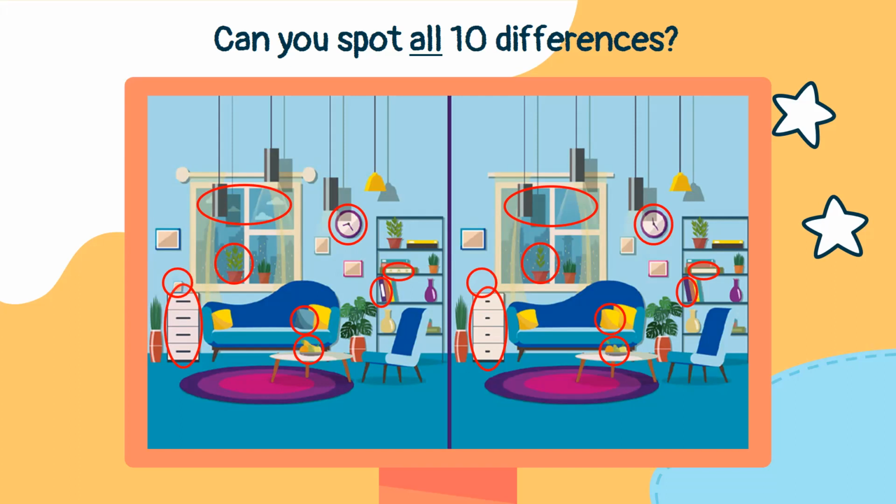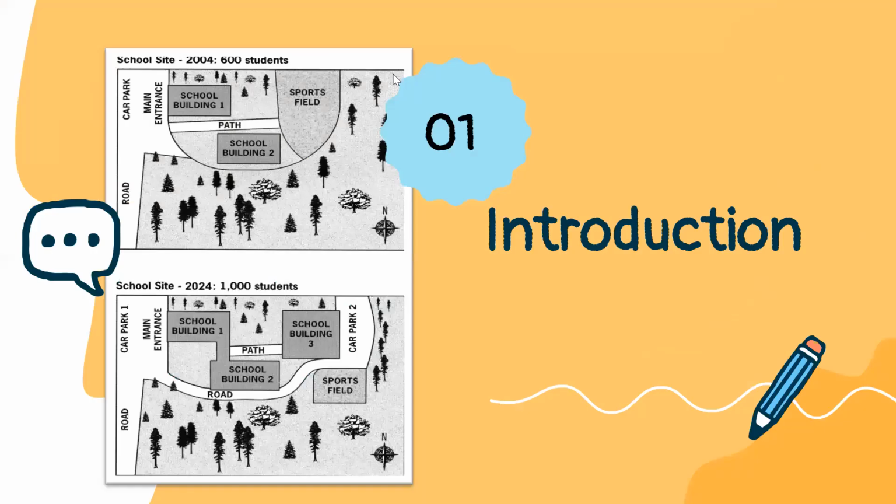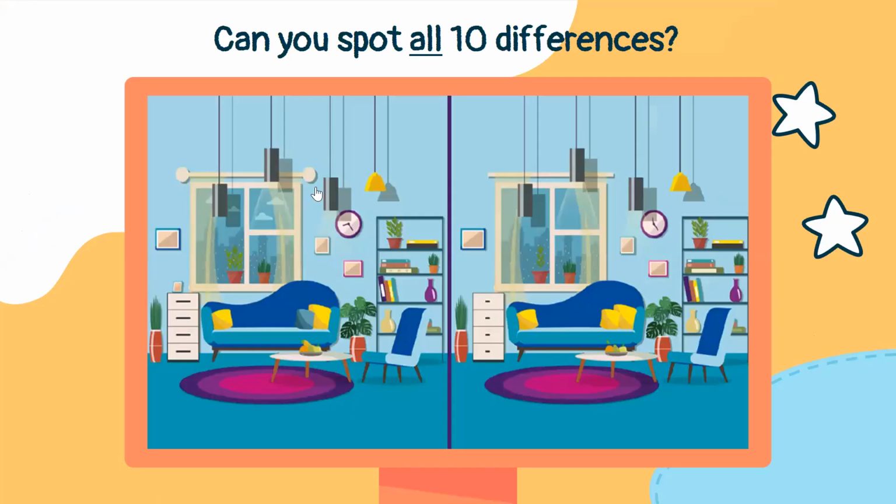I can see that in the left picture, above the window, there are two circles, a curtain hanger, the thing that is above the window. Yes, I think it will be called a curtain hanger. Maybe. I don't know. But yes, I think that you have completed the 10 differences.